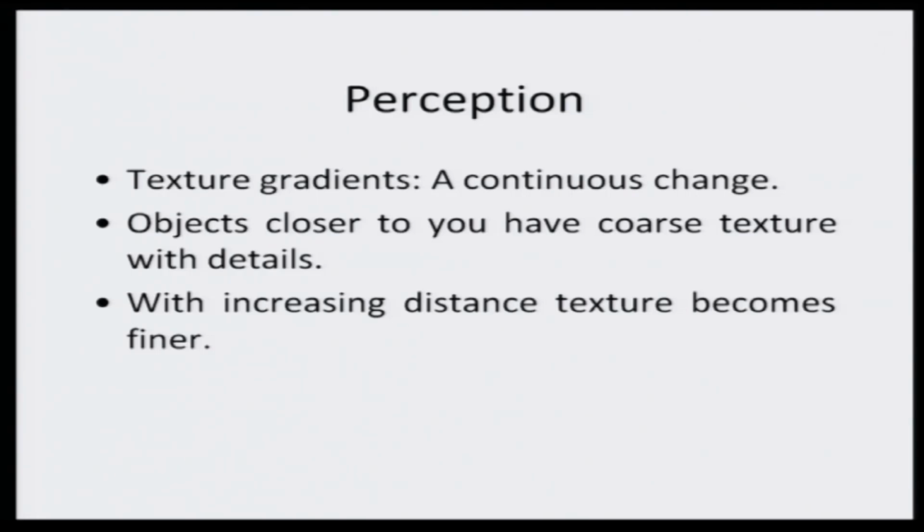Another interesting feature that is part of the monocular cue that helps us understand the world is texture gradient. Now, texture gradient basically is supposed to have a continuous change. The objects which are closer to us will have a coarse texture with much more details. And if the distance increases, the texture becomes finer.